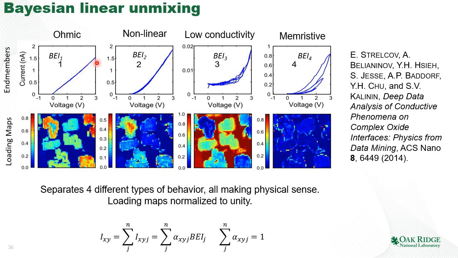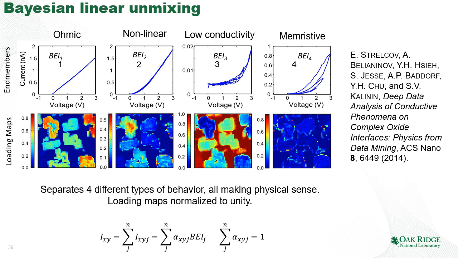One would be an ohmic component that's localized within the grains, the nonlinear component that's localized in different parts of the grains, the essentially zero current component, which is concentrated in the substrate, and the hysteresis will exist only in one of the components, which is actually localized at the boundaries between the grains and the matrix.